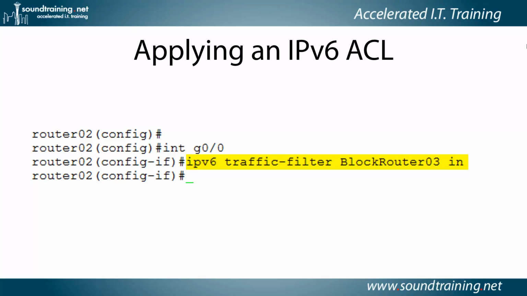So this is the same place where with IPv4 you would have used an ip access-group statement, but here we do ipv6 traffic-filter. Not sure why Cisco chose to change it, but it is a little more descriptive than saying ip access-group, so perhaps that's why they chose to do it. Then we specify the name of the list and in or out. And in or out is from the perspective of the router, just exactly the same as it is with IPv4.